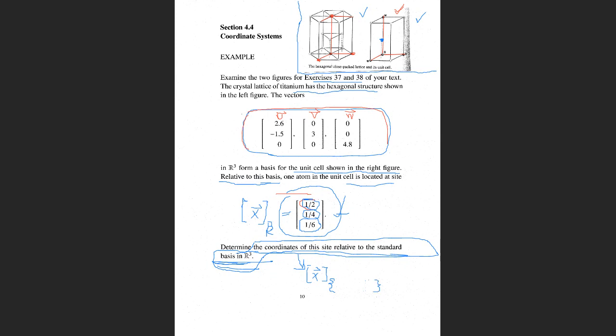How many vectors are going to be in the basis? Okay, 3. And we want the coordinate vector relative to the standard basis. Well, Robin, the u, v, and w is the basis.